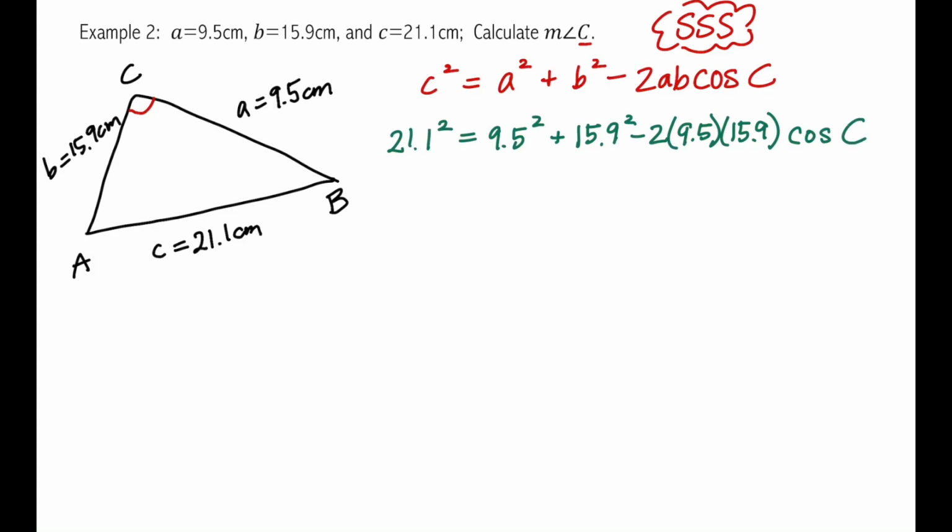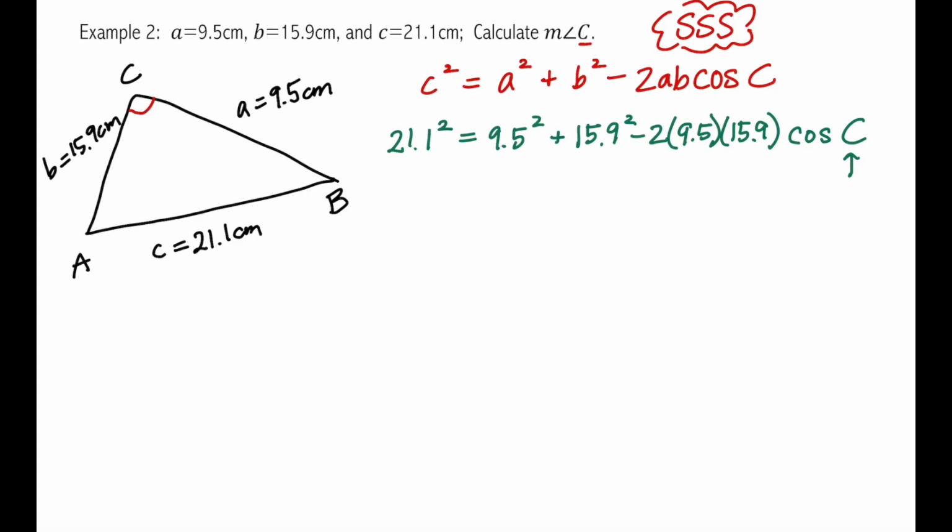For this problem, you're going to notice that the angle C is left as a variable, and that's okay. That's the information you're solving for, so you can leave that as a variable. And once we solve this equation, you will be able to find the measure of angle C.